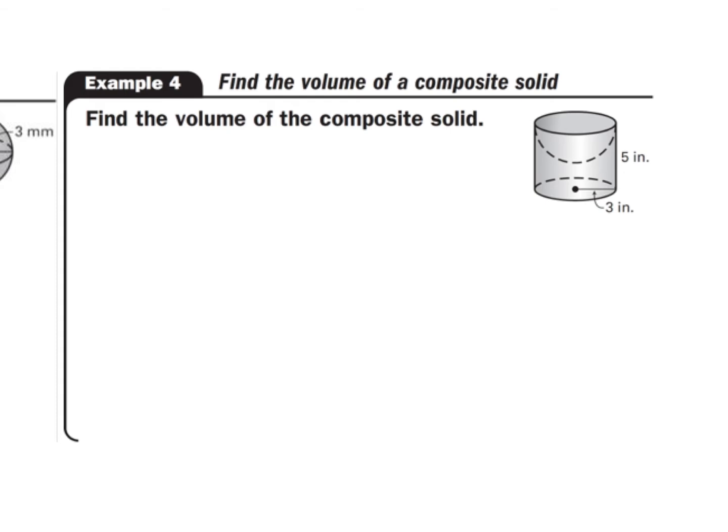This is volume, so you're thinking, how much would go inside that container? You're going to have your cylinder still, so you need to find the volume of that. And since this time the half sphere is missing, it's missing that piece of the volume, so we are going to have to subtract the half sphere.